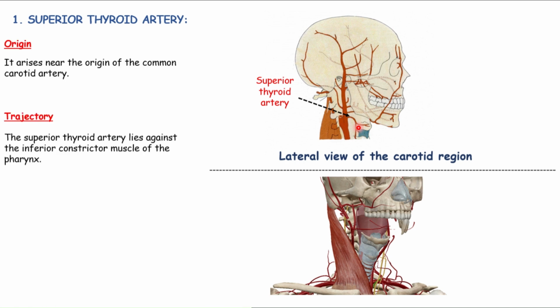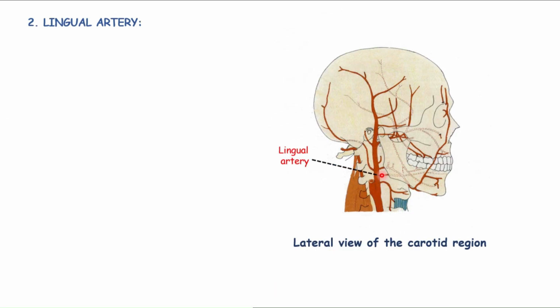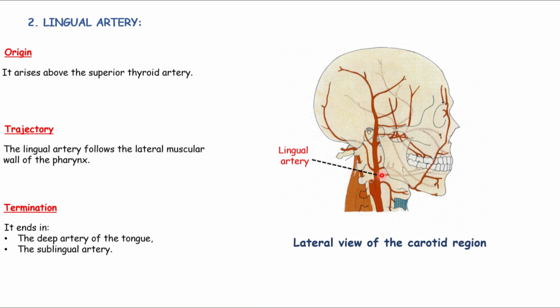It lies against the inferior constrictor muscle of the pharynx and ends in 3 branches: the infrahyoid branch, the sternocleidomastoid branch, and the superior laryngeal artery. The lingual artery arises above the superior thyroid artery. It follows the lateral muscular wall of the pharynx, and it ends in the deep artery of the tongue and the sublingual artery.